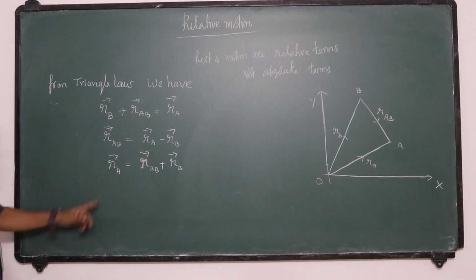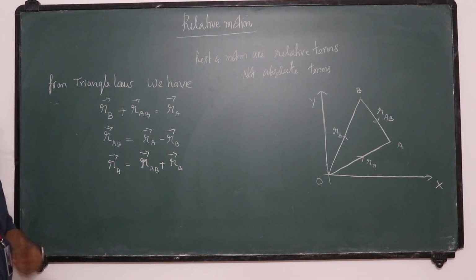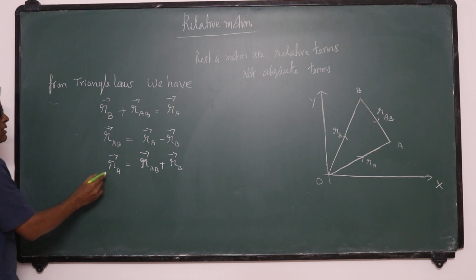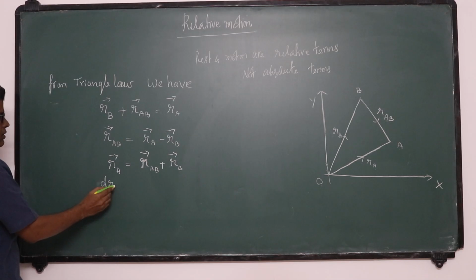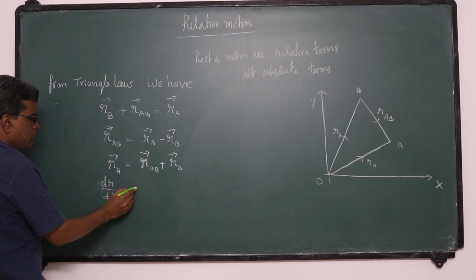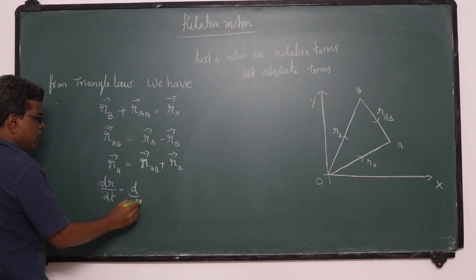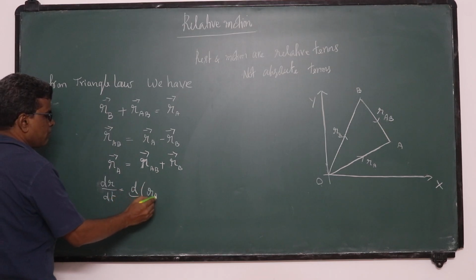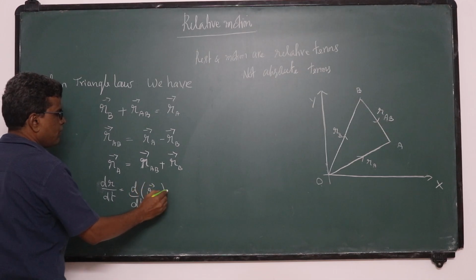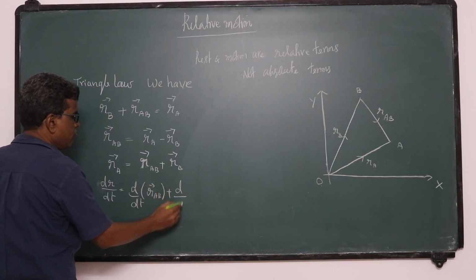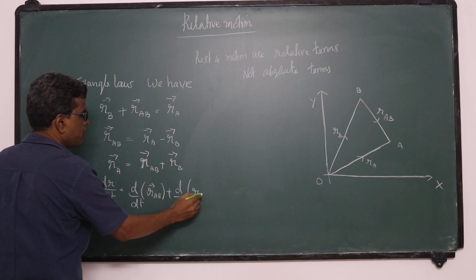Okay, so if you differentiate this one with respect to time, you will get velocities. So you will get velocity of A. If you differentiate this one with respect to time, what you will get? dRA by dt is equal to d by dt of RAB plus d by dt of RB.